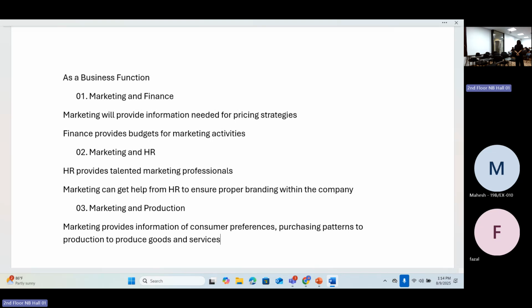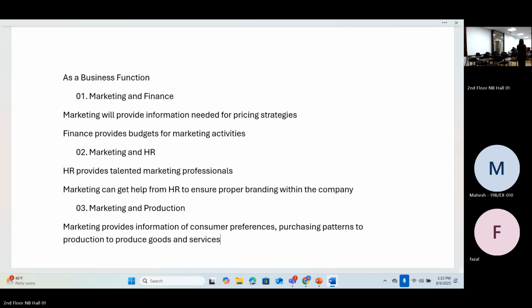That sensing skill means the ability to capture and capture changes in the market. Capturing in the sense it could be current changes, so they will try to predict future changes. And that also means capturing current changes or predicting future changes.